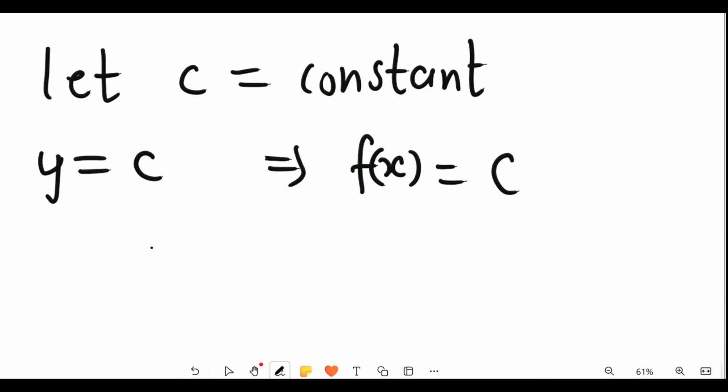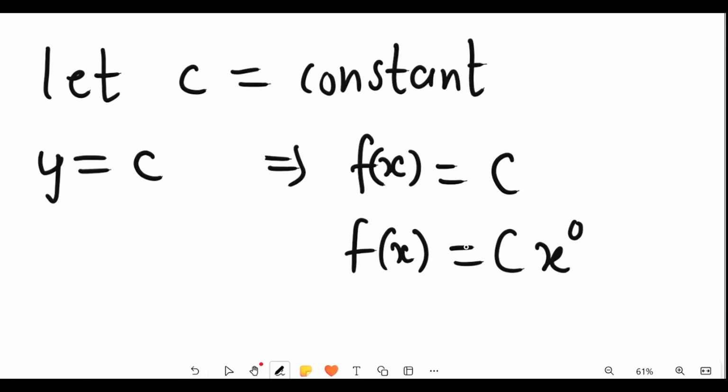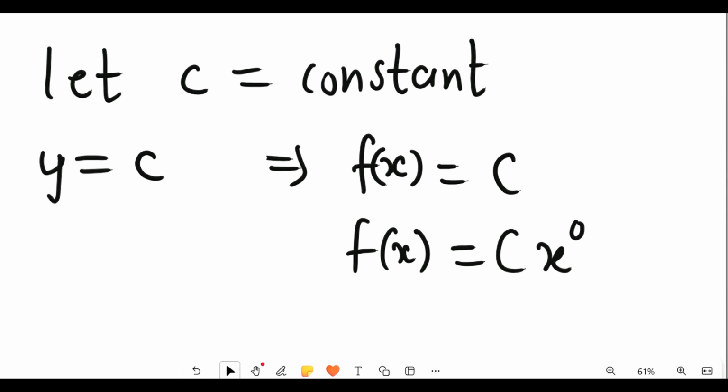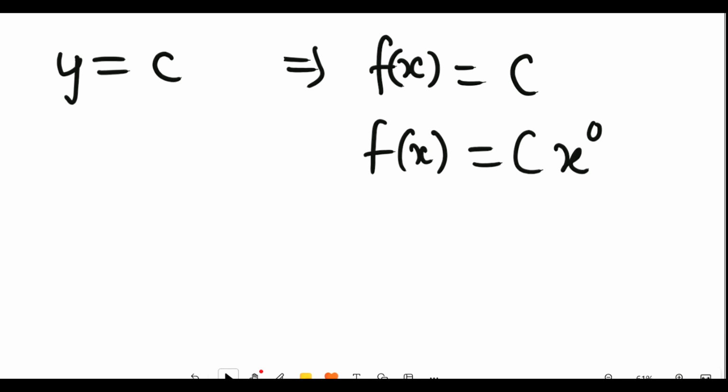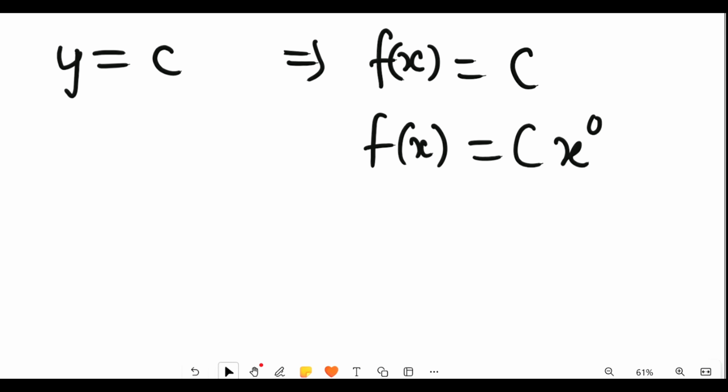So we can rewrite this as f of x is equal to C multiplying x exponent what? 0, where C is our constant, because x exponent 0 will give us 1. So that value times C will give us C.